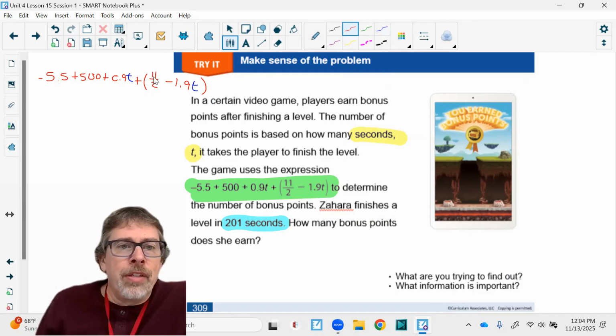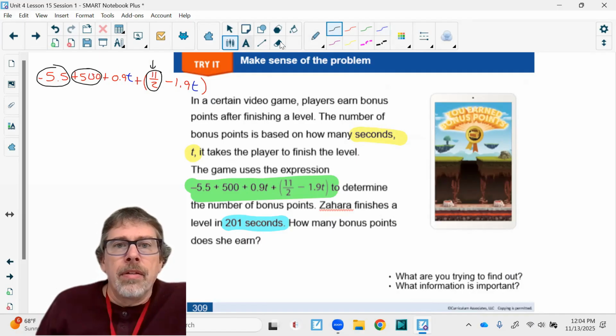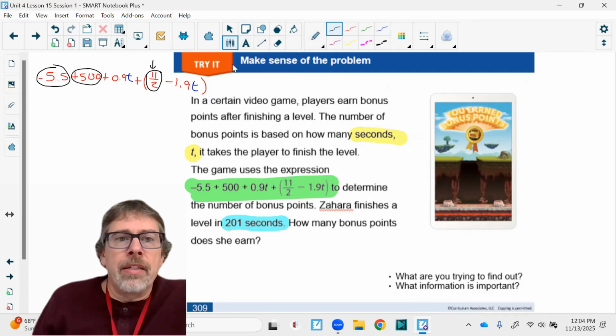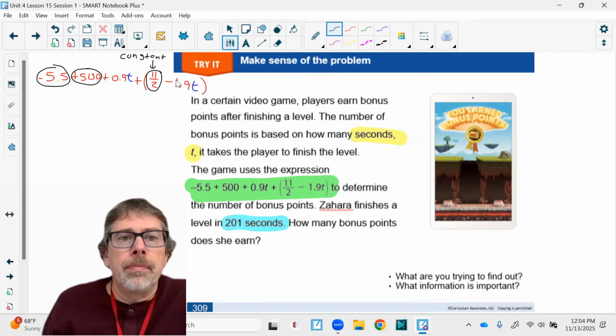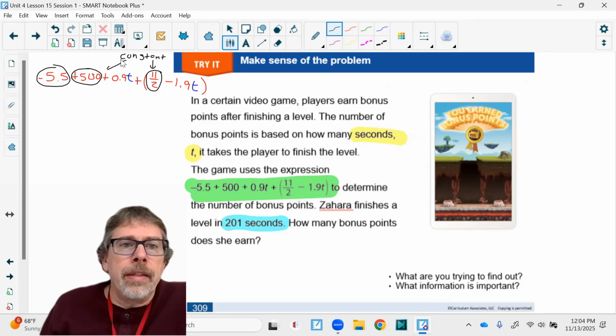But when we have, this is called a constant. A number all by itself, this, this, and this. They don't have the letter t next to them. They are called constants. Okay, so that's a constant, and that is a constant.